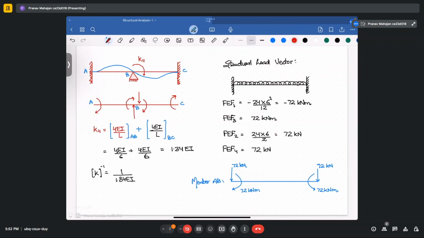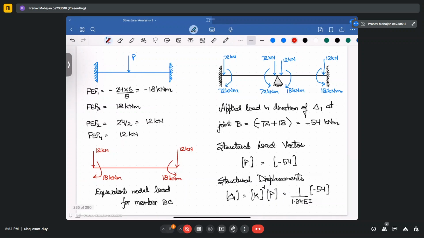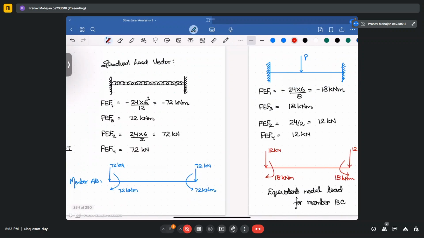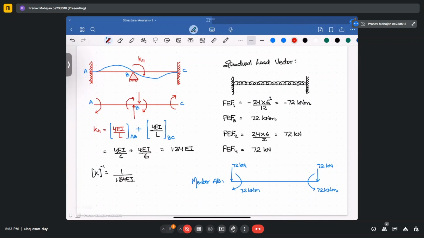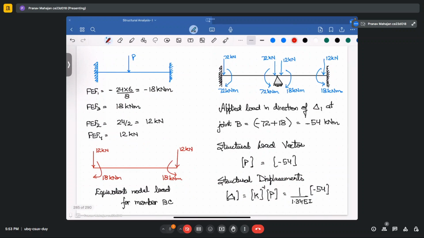So for this, we started with the K11 calculation. By that, we came to know how much the deflection will be, because if we multiply this K inverse with P, we get the value of delta. Based upon that, we calculated the value of fixed end forces for both the members.